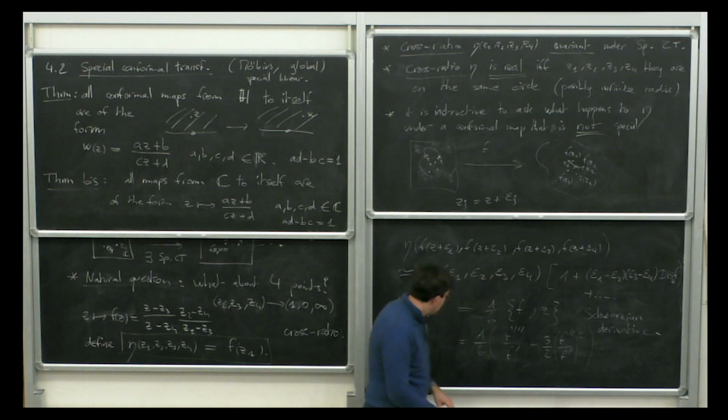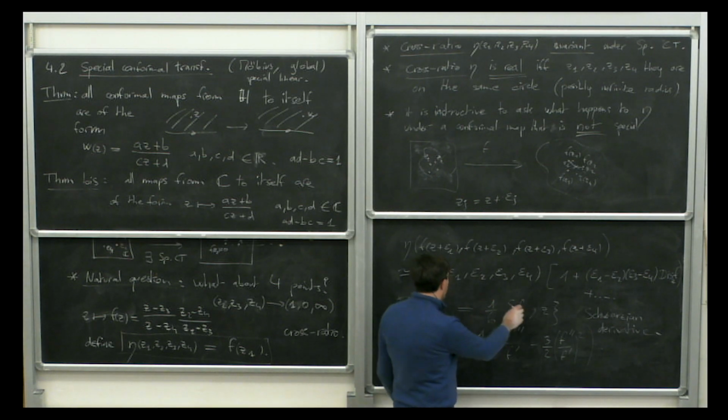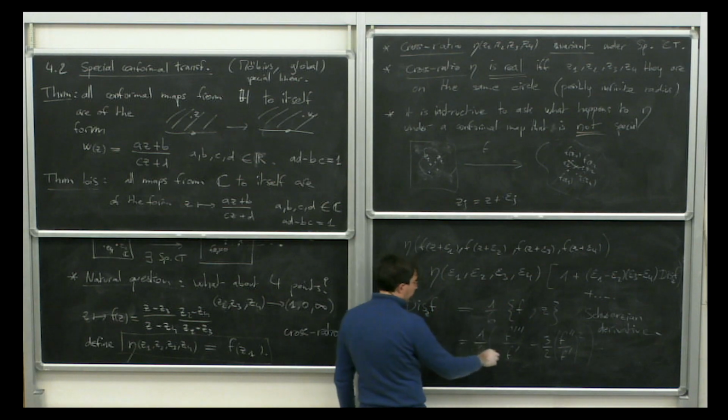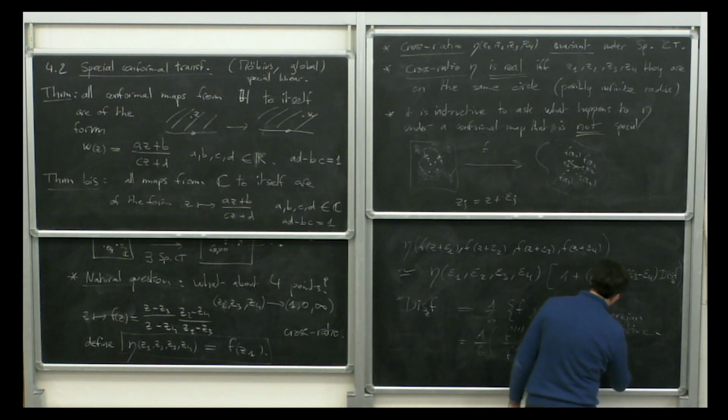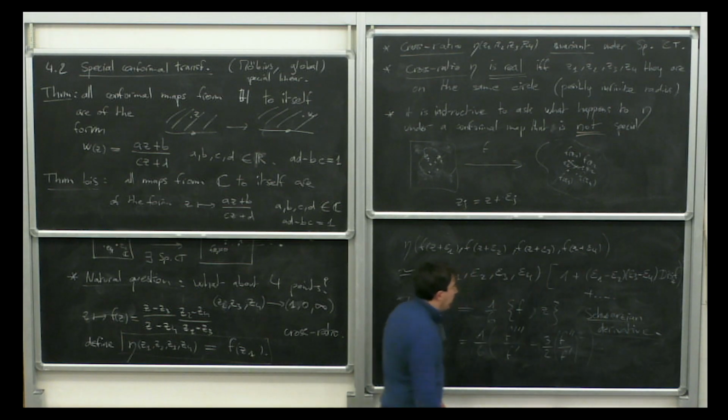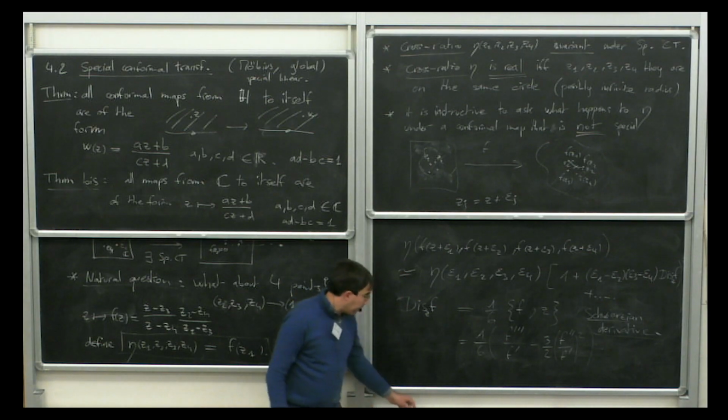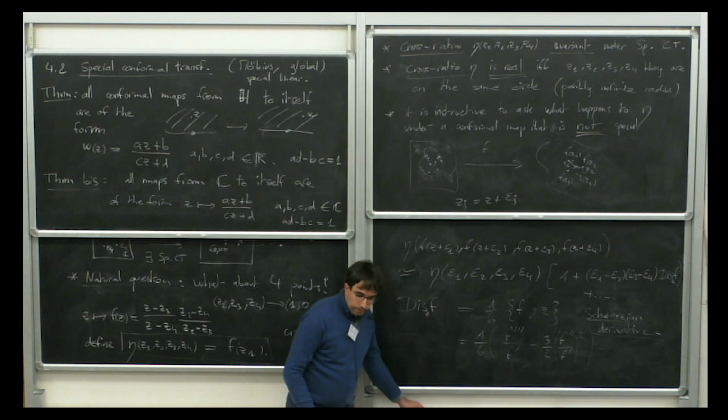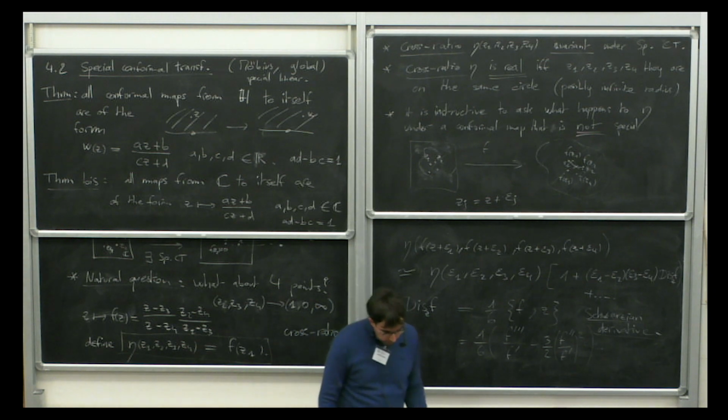The point is that this is a central object now. This thing here is a central object, the Schwarzian derivative. And it will appear a lot in the next lectures. And that's all I wanted to say for today.